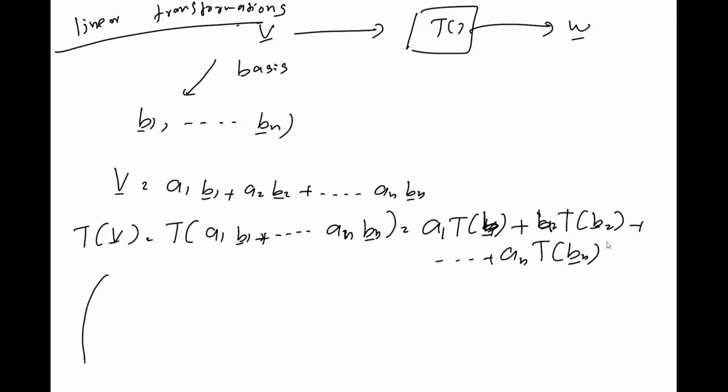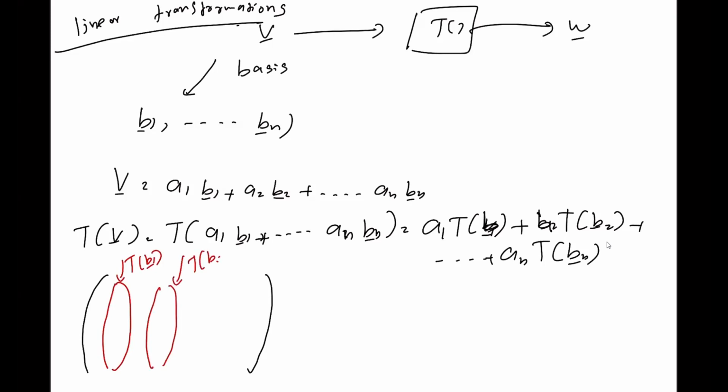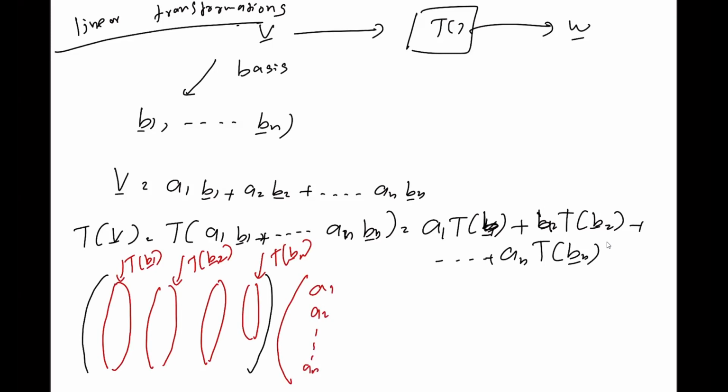I get some matrix like this: to this column I put T(b1), to this column I put T(b2), and likewise, to this last column I put T(bn). And I multiply by the vector a1, a2, up to an.